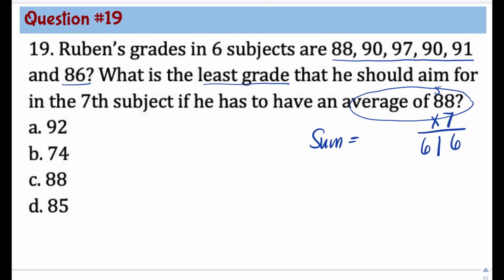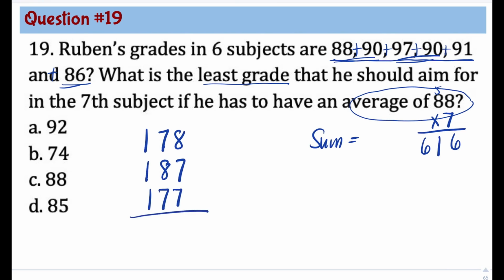So all we need to do now is add the 6 numbers: 88 plus 90, plus 97, plus 90, plus 91, and plus 86. So 88 plus 90 is 178. 97 plus 90 is 187. 91 and 86, that's 177.